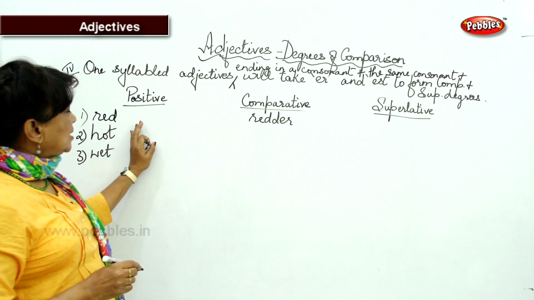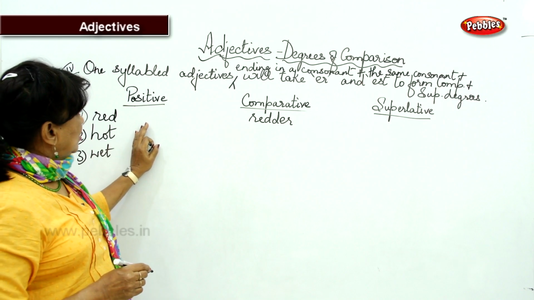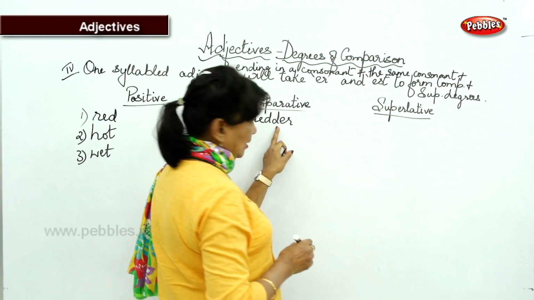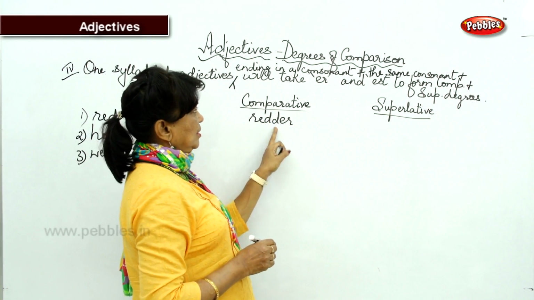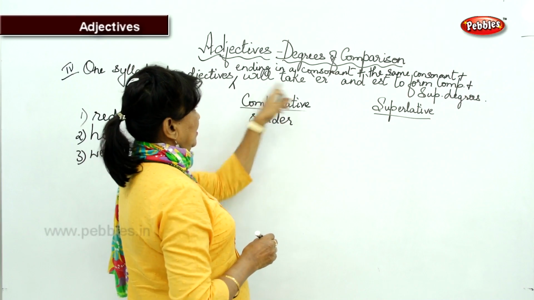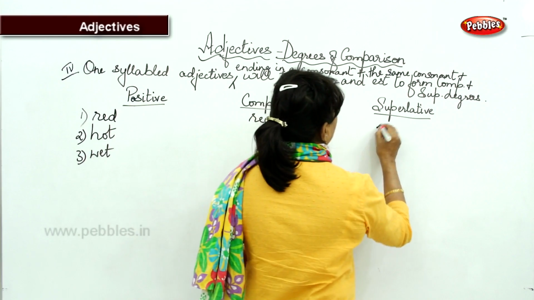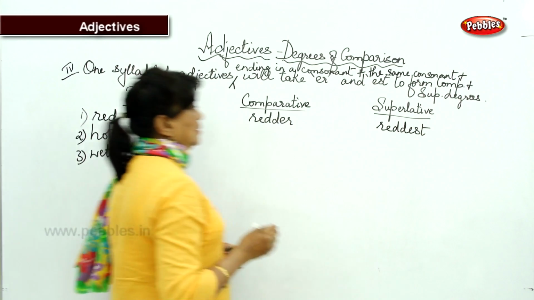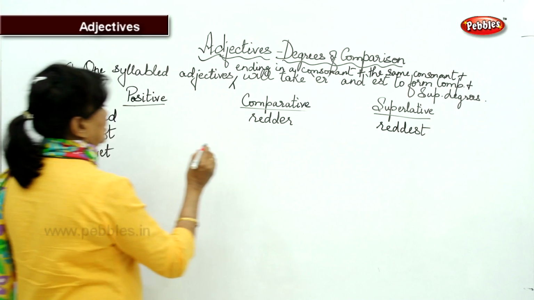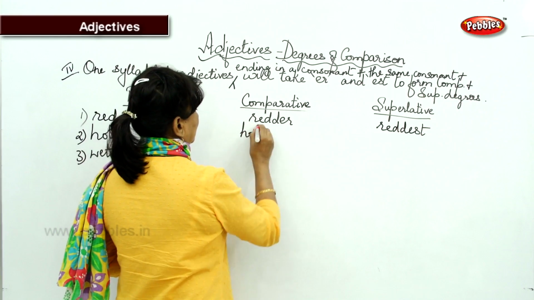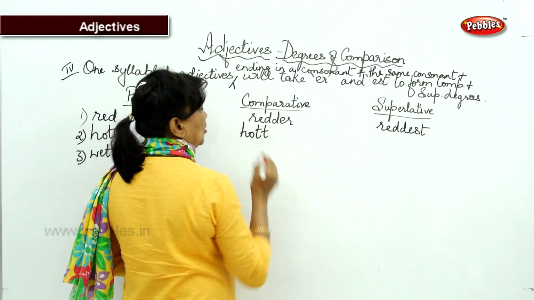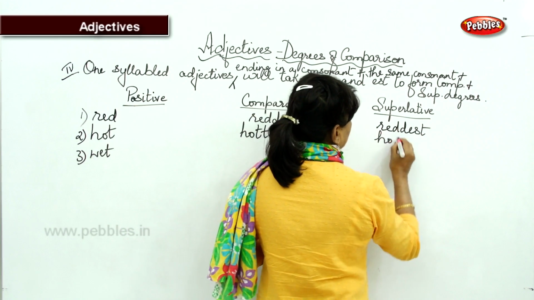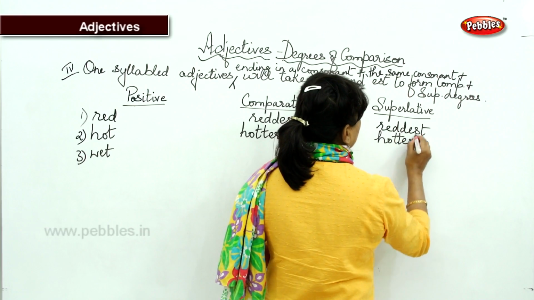So, all these 1 syllabled adjectives ending in a consonant D, now it will take another consonant, the same consonant plus ER. Okay. Same way, reddest, REDD, est. Again hot, hotter. Again it will repeat the same consonant and then take er, and here again hottest.